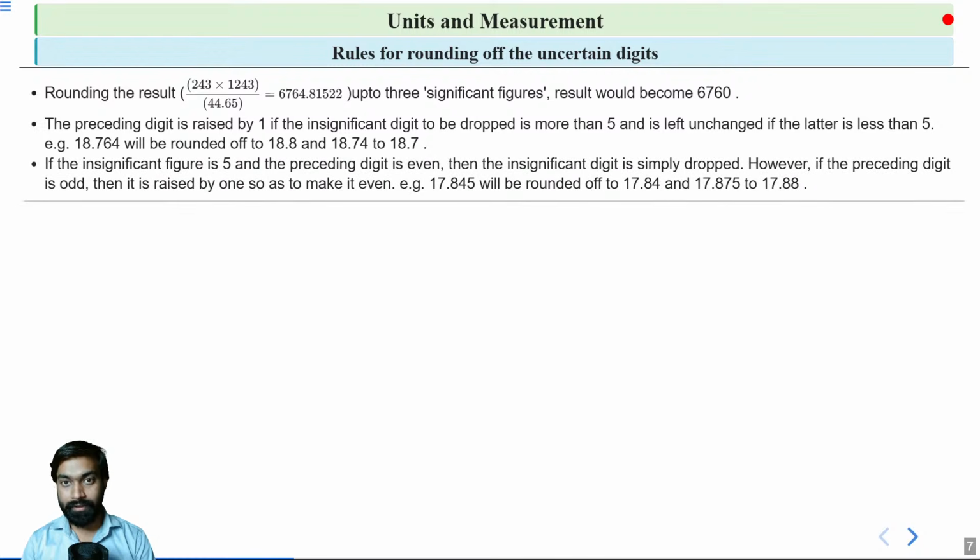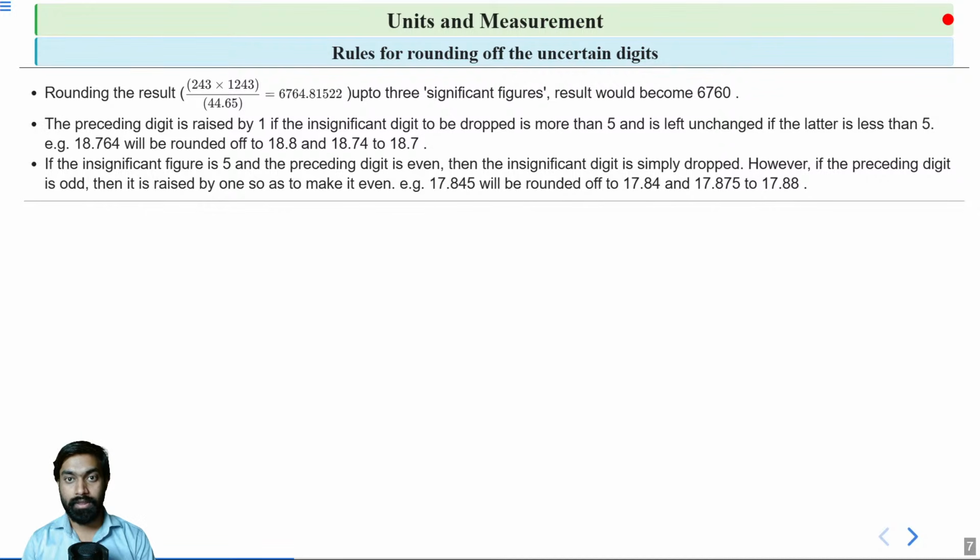Let's see the next rule. When rounding off a number and the last digit is 5, then the preceding digit is observed. Let's understand this in two cases. Case one: the preceding digit is even. If the digit preceding is even, like 0, 2, 4, 6, 8, then 5 is simply dropped.